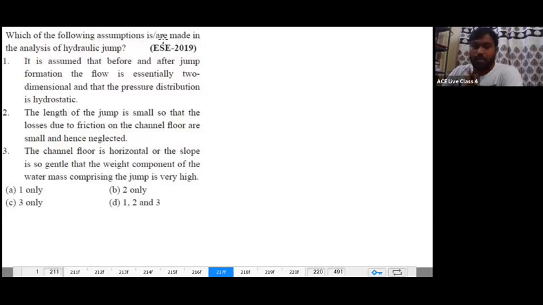Now, what are the assumptions? In ESE 2019, what are the following assumptions made in the analysis of the hydraulic jump? It is assumed that before and after the jump, the flow is essentially two-dimensional and the pressure distribution is hydrostatic.